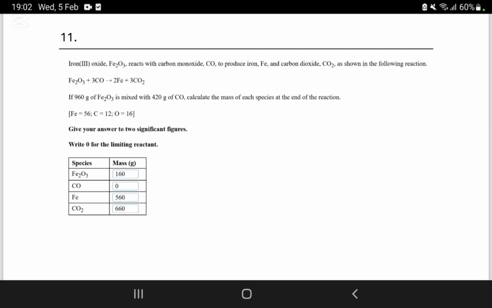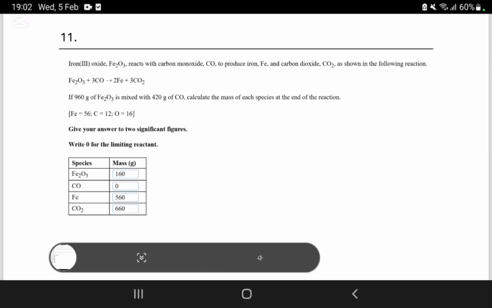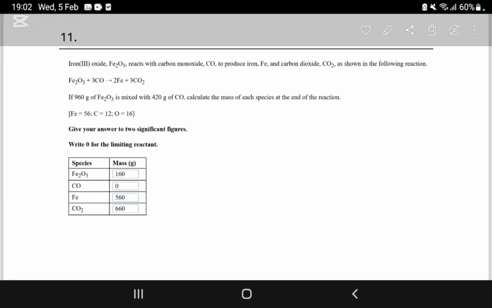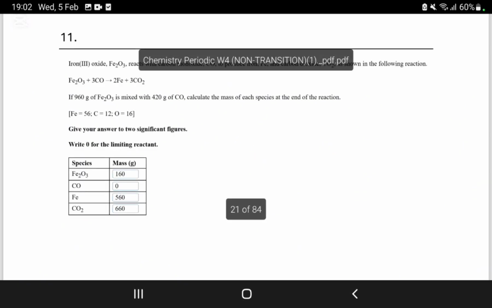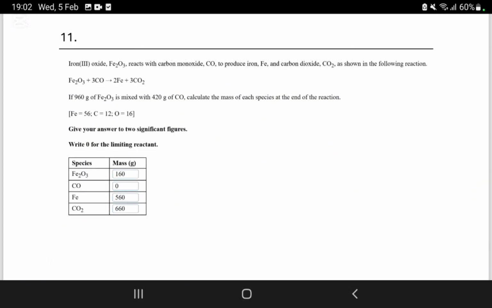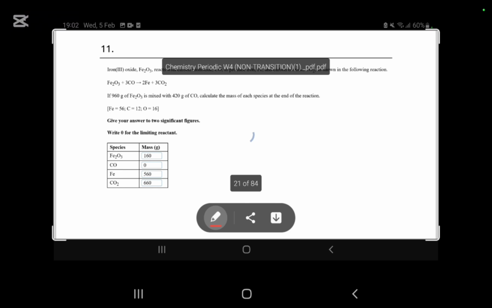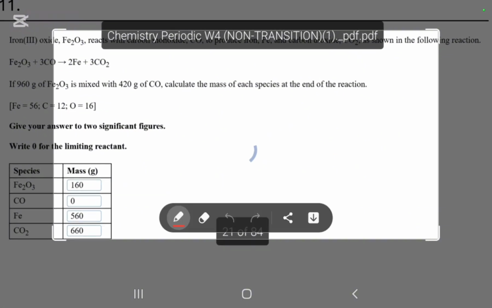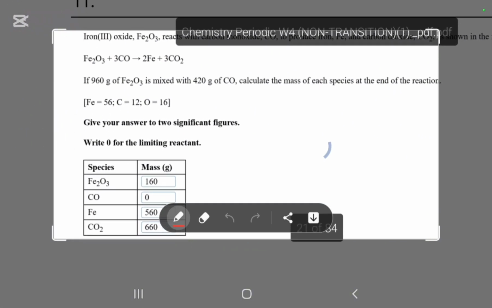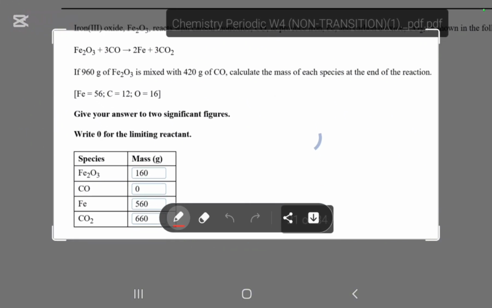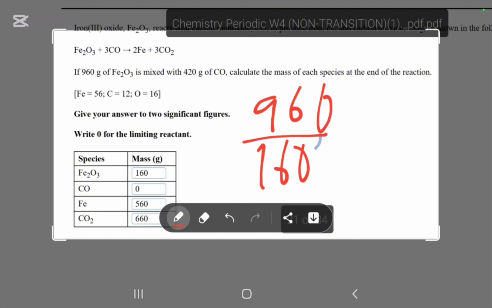Okay, so here we're going to do this. Fe. So first of all, we have to find the moles of Fe2O3 by doing 960 over the molar mass, which is 160, right?